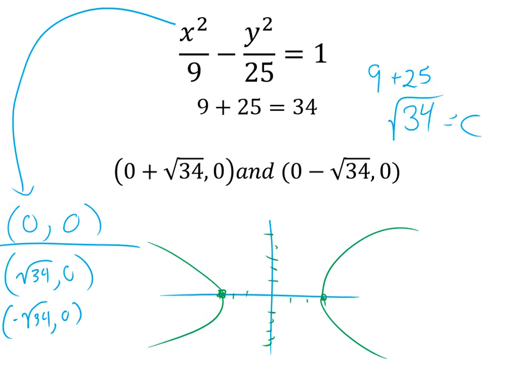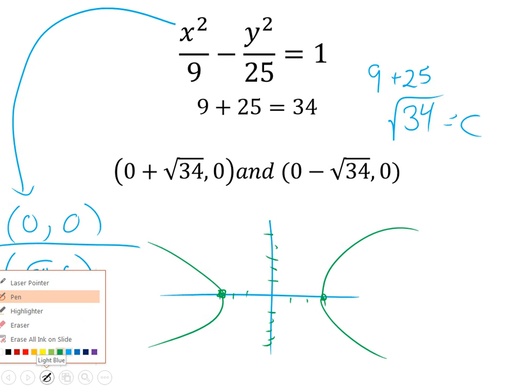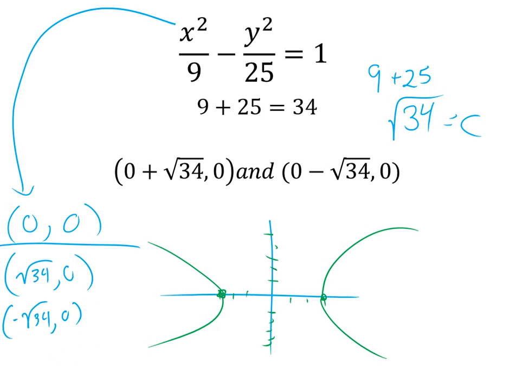If you notice your foci, the square root of 34 is just under 6. And as you see, the foci are somewhere inside those curves. So to check to make sure that your foci is right, if you were to graph it, it should appear inside those curves.